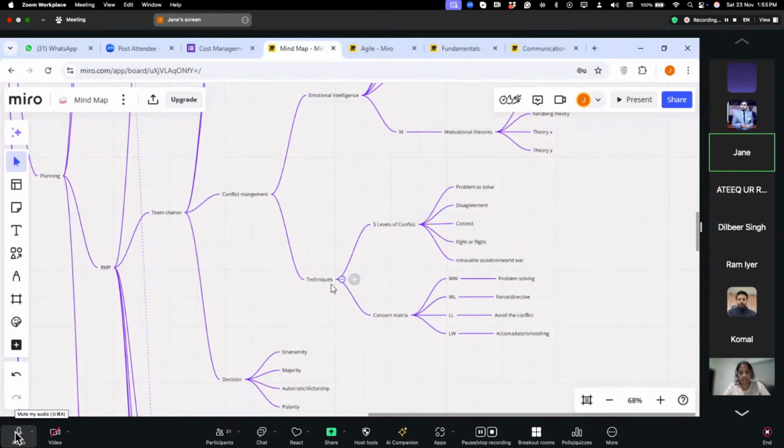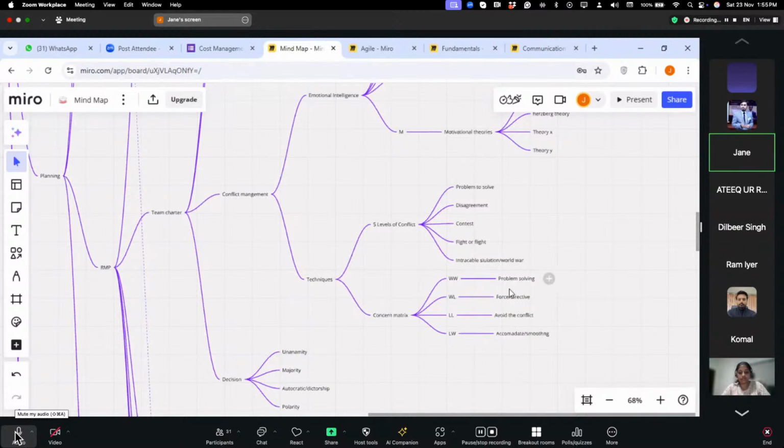That is problem to solve, disagreement, contest, fight or flight, and then world war. So in techniques, we also have the concern matrix. The concern matrix is a technique for conflict management based on concern for others and concern for myself. Using that matrix, it is configured like win-win, win-lose, lose-lose, and lose-win.